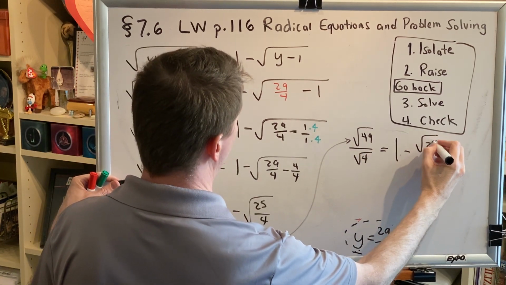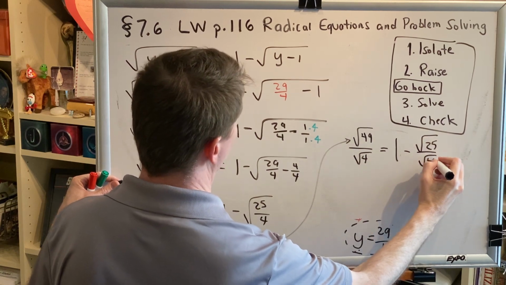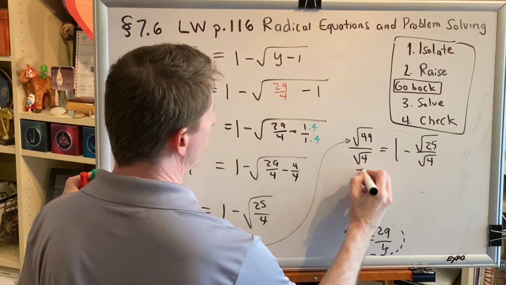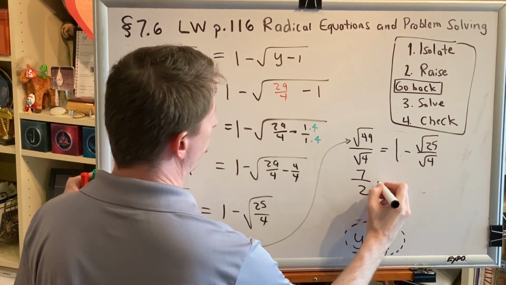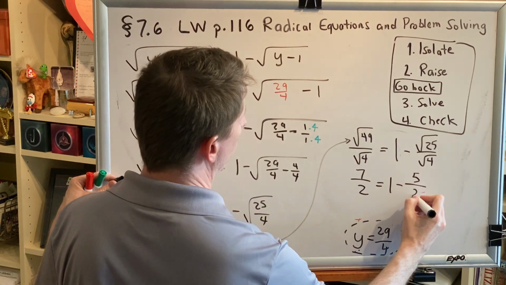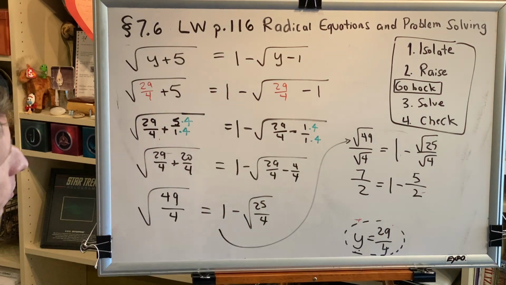So we'll write our response like this. Now take all of your square roots. The square root of 49 is 7. The square root of 4 is 2. The square root of 25 is 5. So we get 7 equals 1 minus 5 halves.